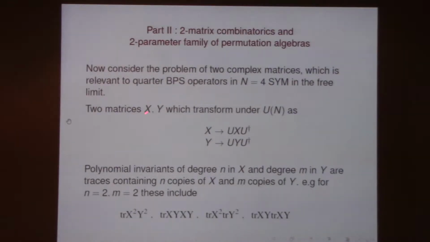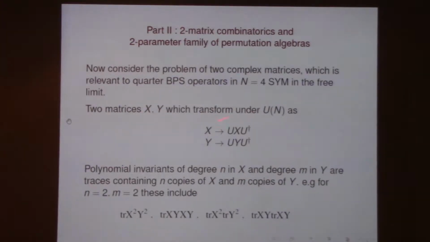So what is the problem? You have two matrices x and y, which transform under U(N) as x goes to UxU†, y goes to UyU†. They are both adjoints of the same U(N). You want polynomial functions in these matrix values, which are invariant under this simultaneous conjugation.